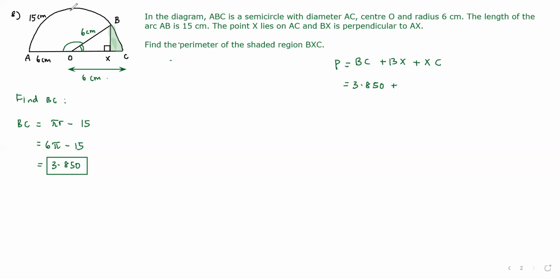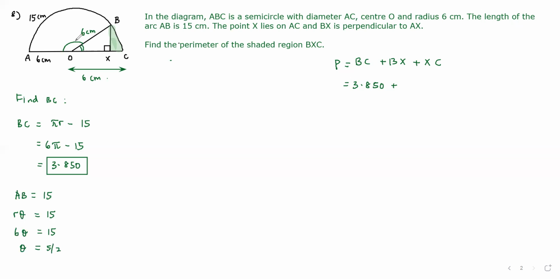The arc length AB is 15, and we know that arc length is always given by r theta. Theta must be in radians. R is 6 here, so 6 theta is 15, and then theta is 15 over 6, which gives 5 over 2.